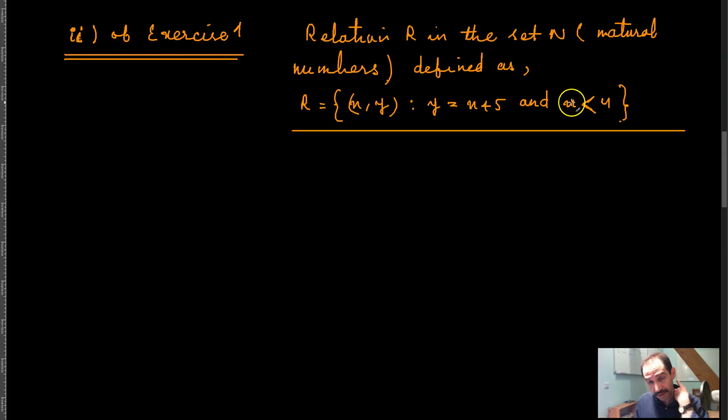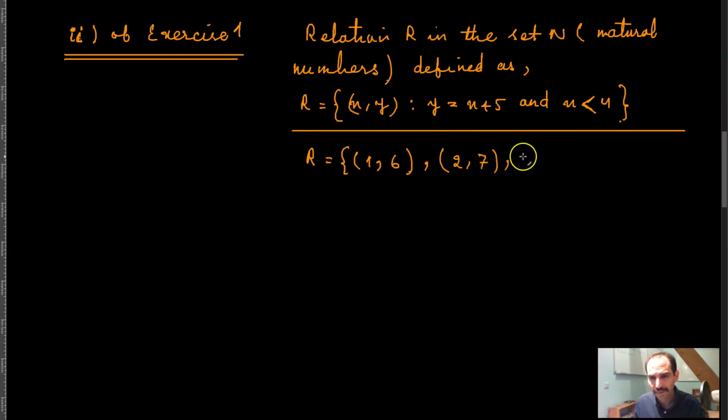Which means that you have all of these ordered pairs, for example, x is less than 5, so I'm sorry, x is less than 4, which means that you can start from 1, and then 1 plus 5 is equal to 6, and if x is equal to 2, then 2 plus 5 is equal to 7, and if x is equal to 3, then 3 plus 5 is equal to 8. So that is your R.